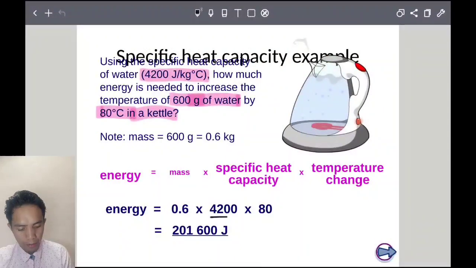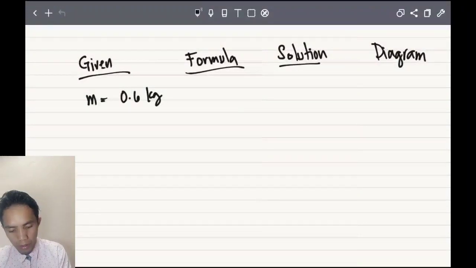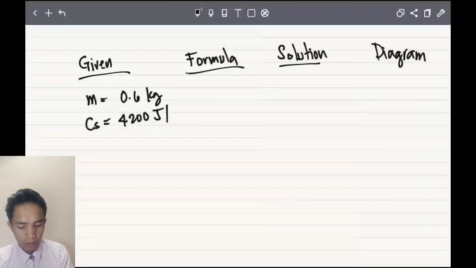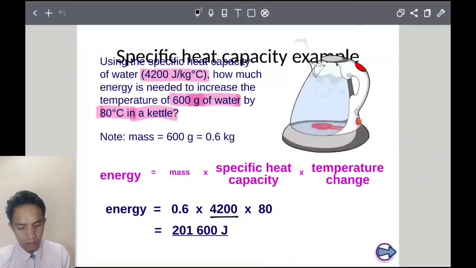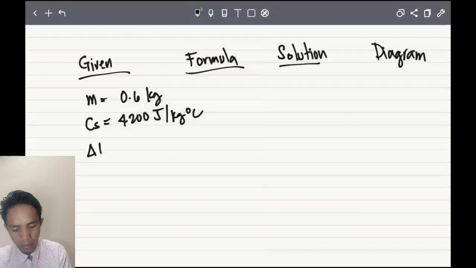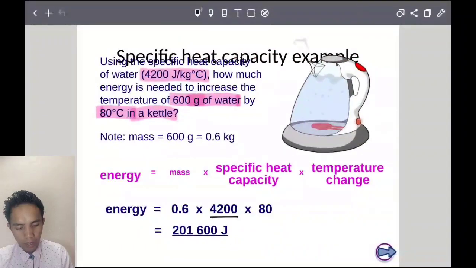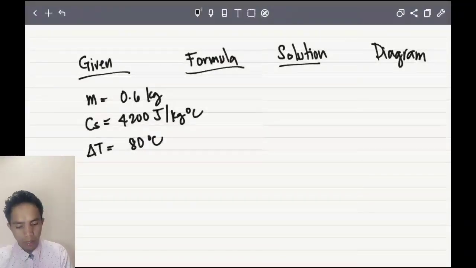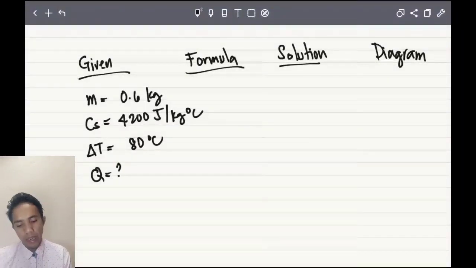Then we have specific heat capacity, 4,200 joules per kilogram degrees Celsius. Then we have temperature change equal to 80 degrees Celsius. And then the question is, how much is the energy?